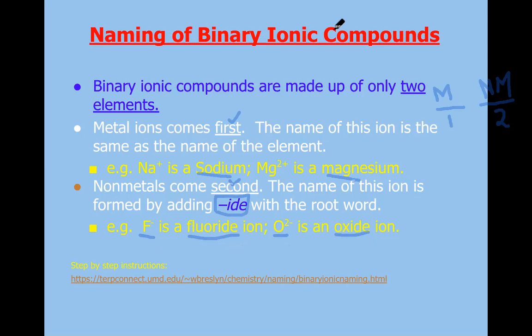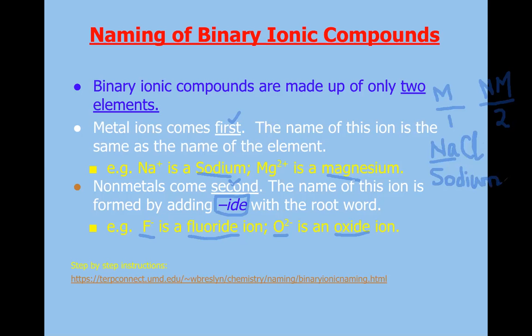Let's take sodium chloride. Okay, so which is a metal, sodium or chlorine? We know that sodium is a metal, so that comes first. Then chlorine is a non-metal, that comes next. So how do you write the name? Metal always comes first, and you write the same name of the element which you see in the periodic table for the metal ion. No change at all, same.